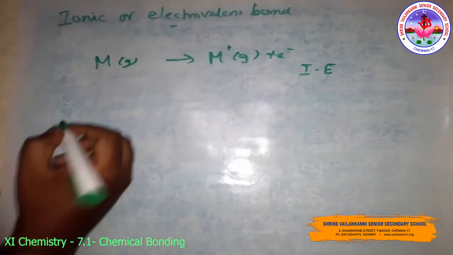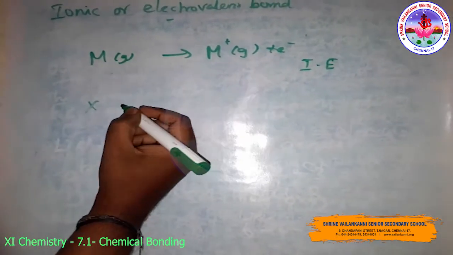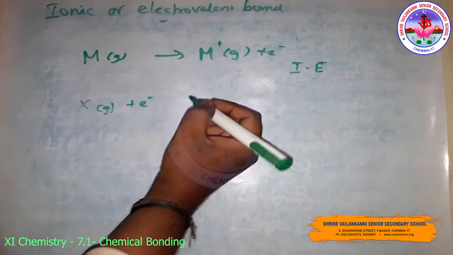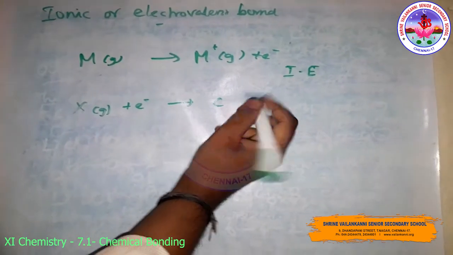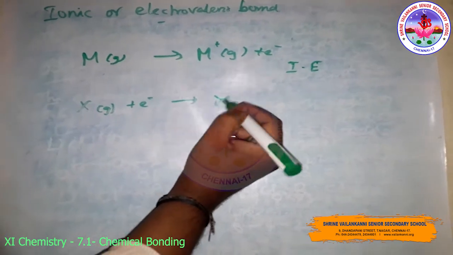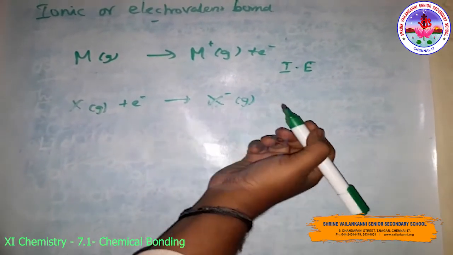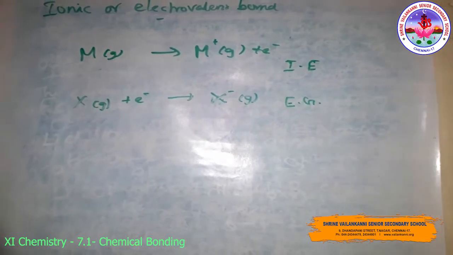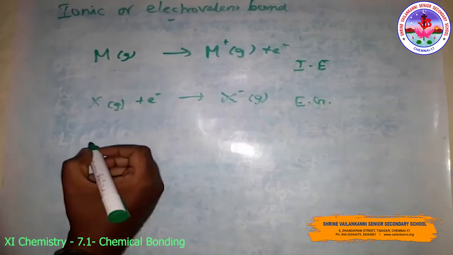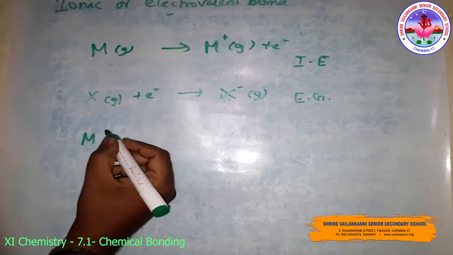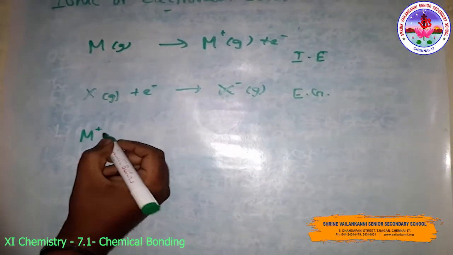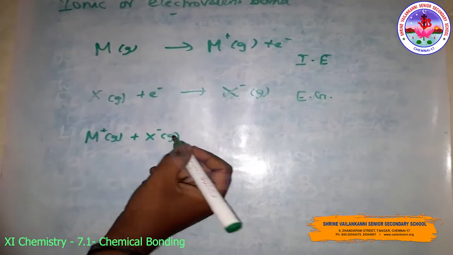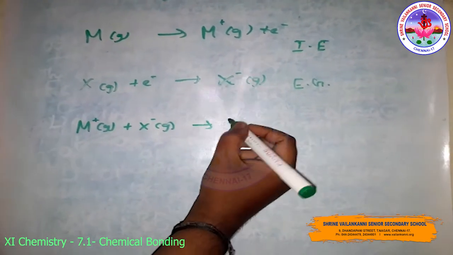Then a halogen atom gains 1 electron, so here X minus gas forms, with the electron gain enthalpy. The net reaction is M gas, that is M plus gas, and X minus gas gives MX solid.